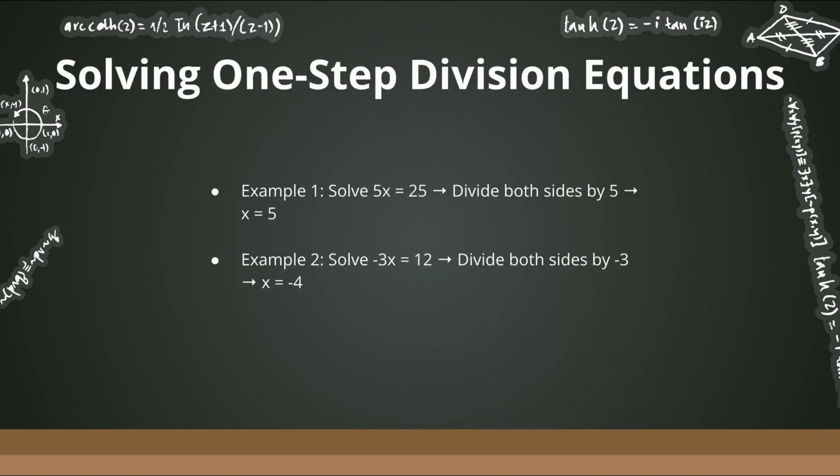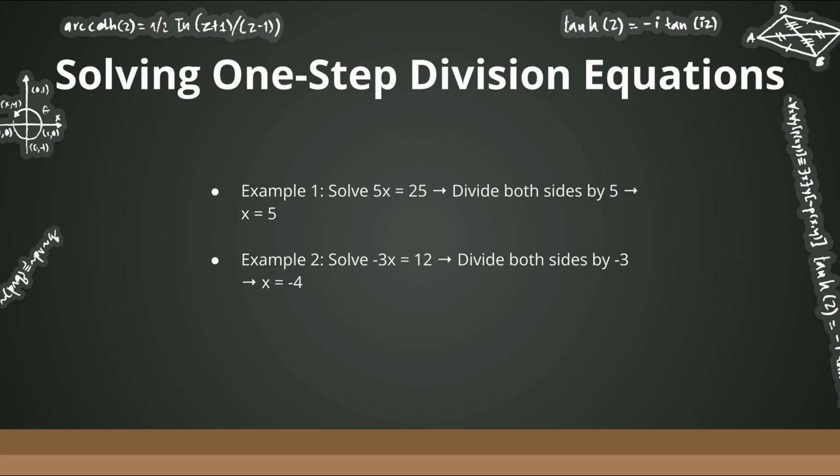Now that we know the rule, let's put it into action with one-step division equations. Here's the first example: solve 5x equals 25. I would start by asking myself what operation is happening to x.